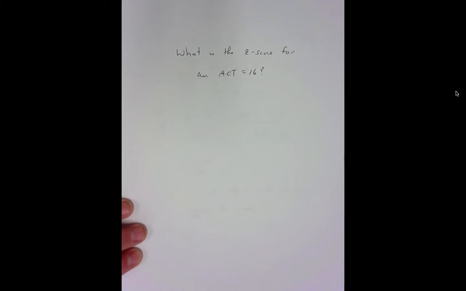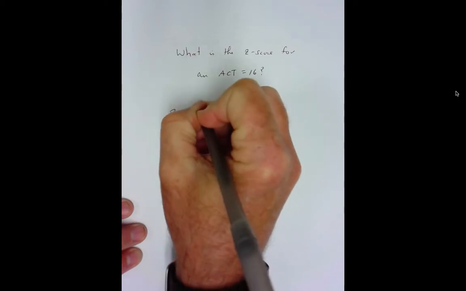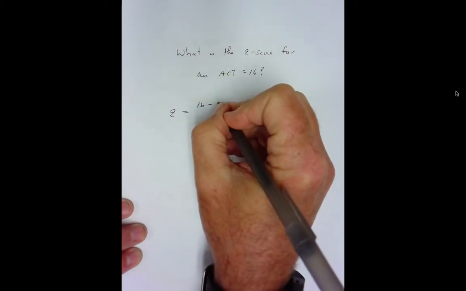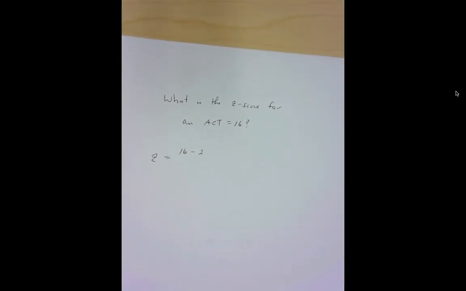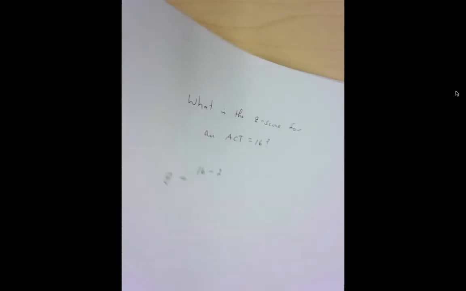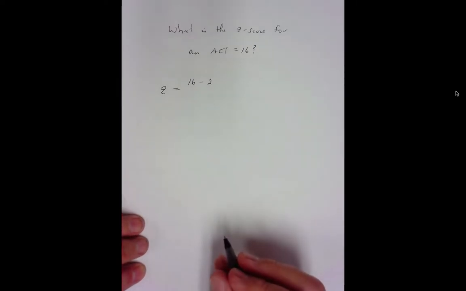What is the z-score for an ACT equal to 16? I don't know why I'm having such a hard time remembering the mean and the standard deviation. Guess it's a bozo moment.